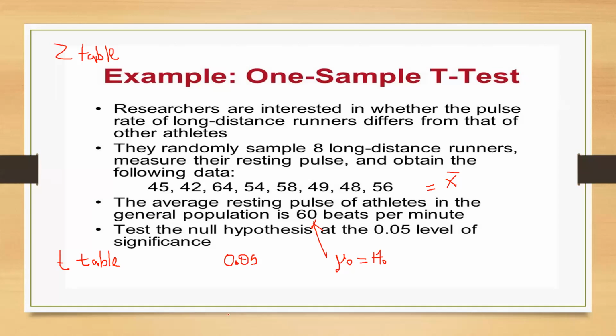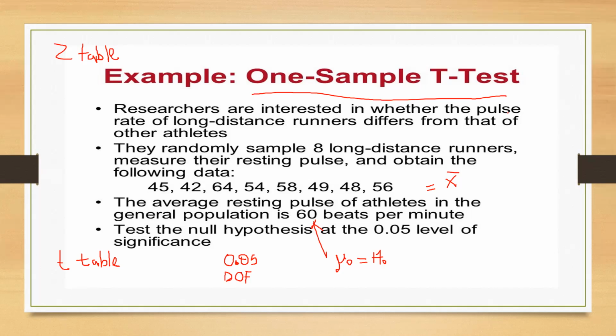The second thing you need when checking the T table is your degree of freedom. That's the DOF. And recall that here we are dealing with a one sample test. Can somebody tell me what is the formula for calculating the degree of freedom for a one sample test?